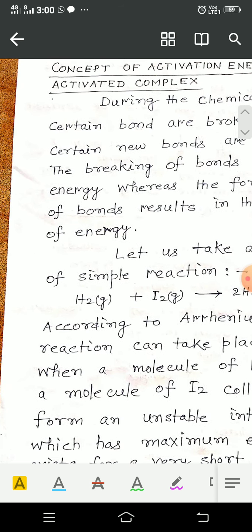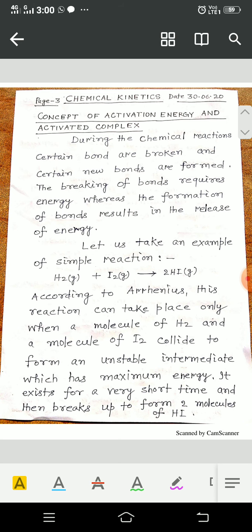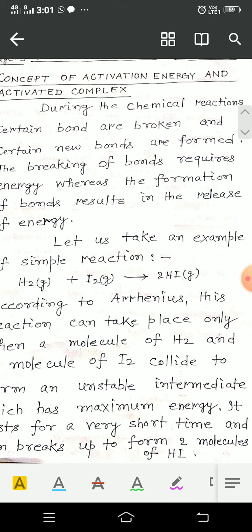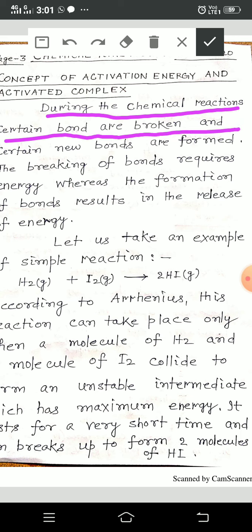Now, the concept of activation energy and activated complex. See here, during a chemical reaction, certain bonds are broken and certain new bonds are formed.